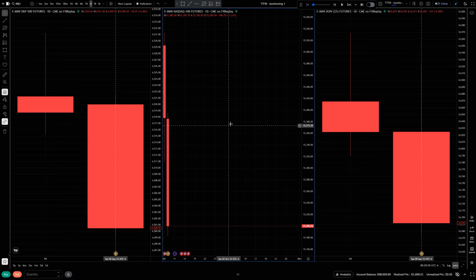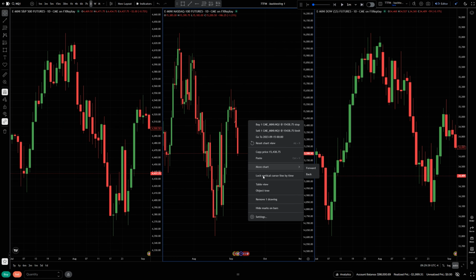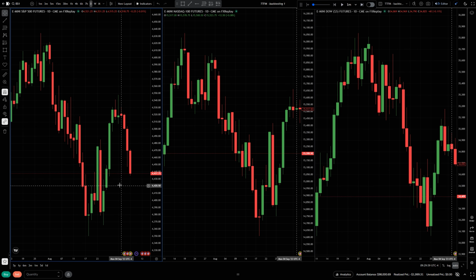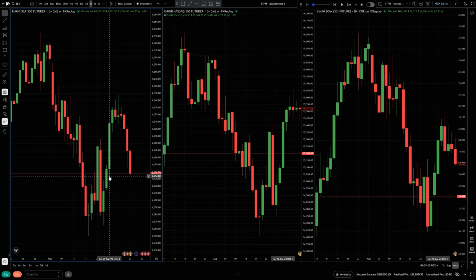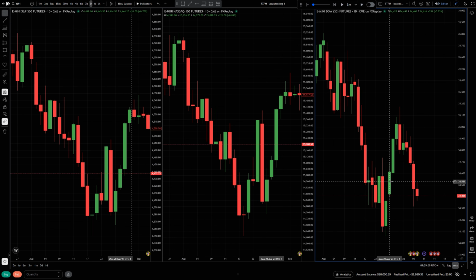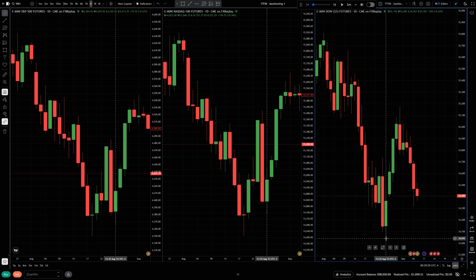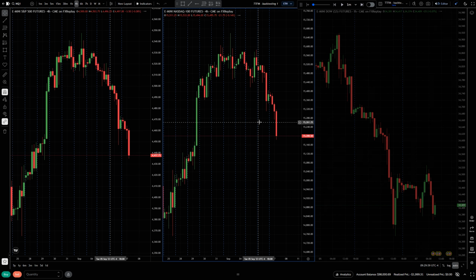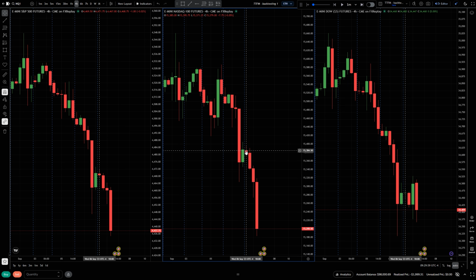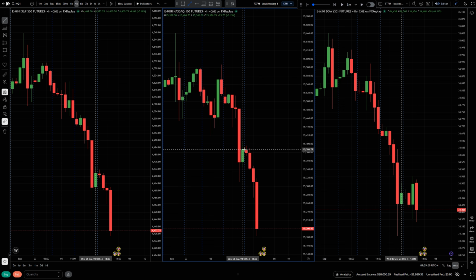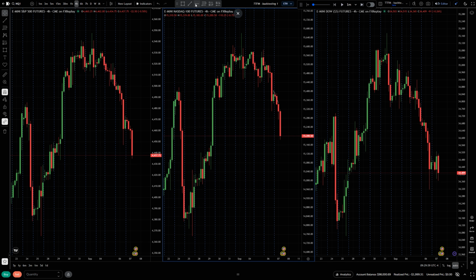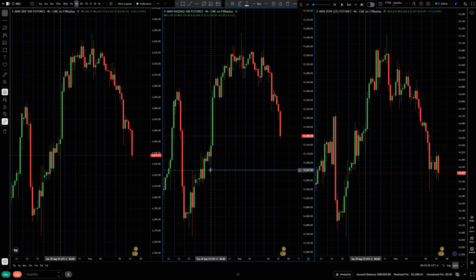So starting from the daily chart, we can see that we are overall bearish. Our targets would be these lows here, and for YM this low from the 1 hour chart. So let's start with 4 hours. On the 4 hour, we can see that we have SMT and we have SMT fill with this gap. So I think that right now NQ is trying to catch up with YM.